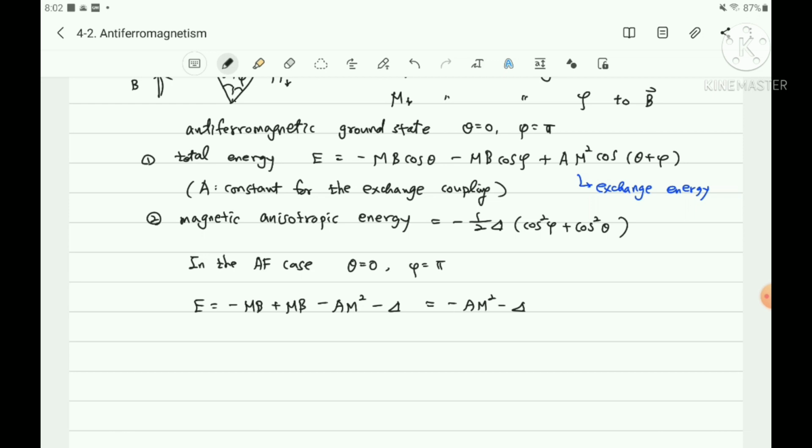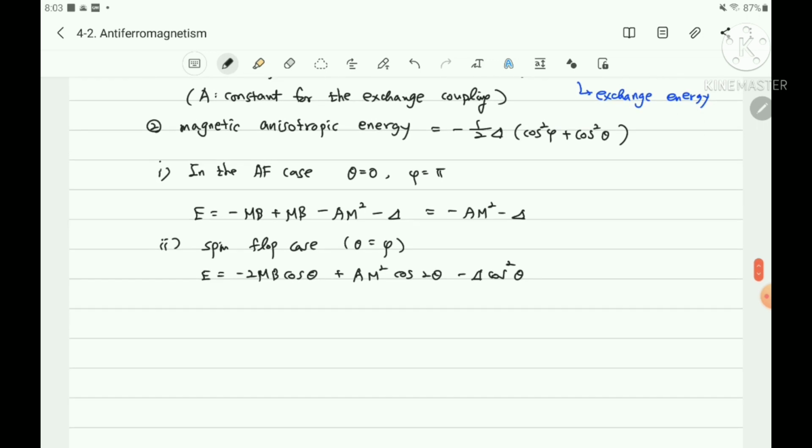We only consider the exchange energy and anisotropic energy. Then for the spin flop case, theta equals phi. Then the energy is minus 2mB cosine theta plus A m squared cosine 2 theta minus delta cosine square theta.